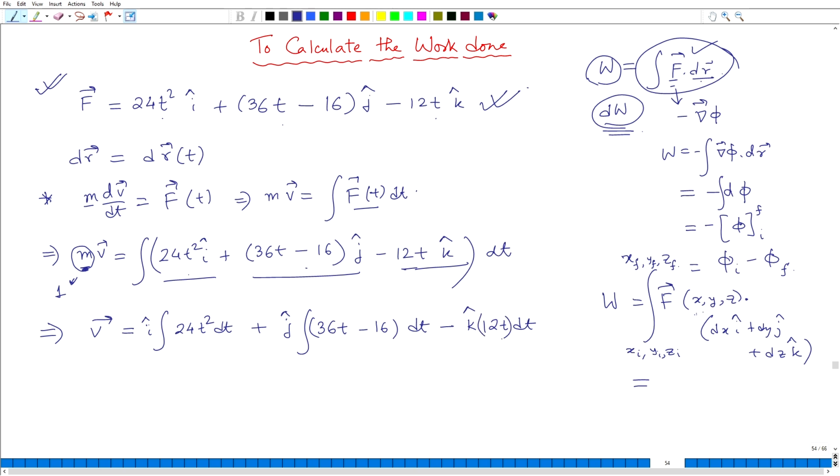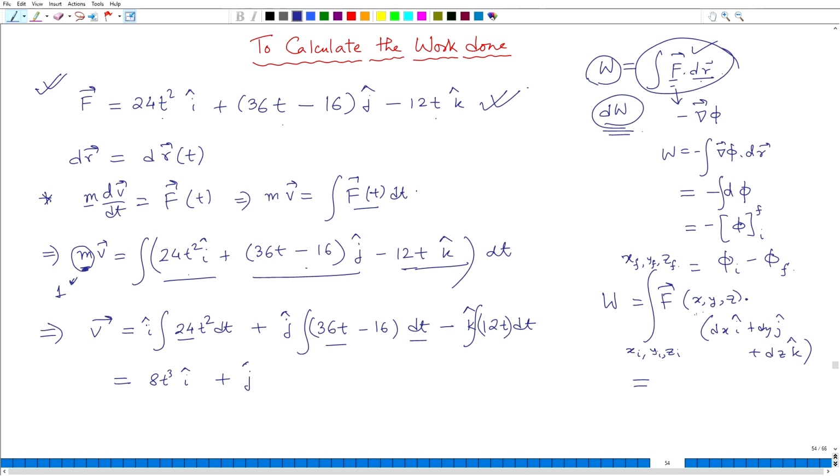Okay. So, integration of course. If you do the calculations correctly, you will see here you will have 24 times t cube by 3. So, it will finally give you 8 t cube i cap, plus this first term will give you 36 times t square by 2, which will be 18 t square.